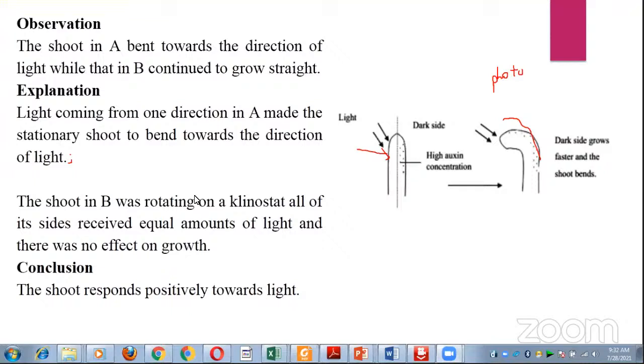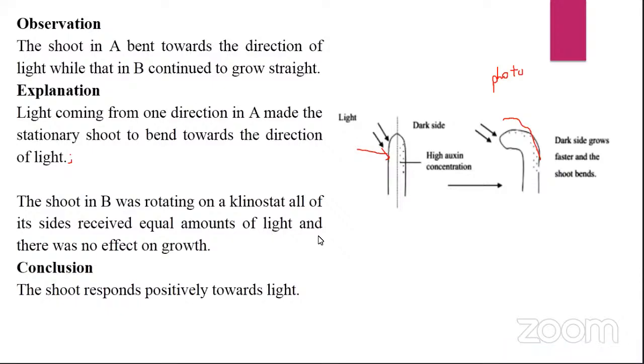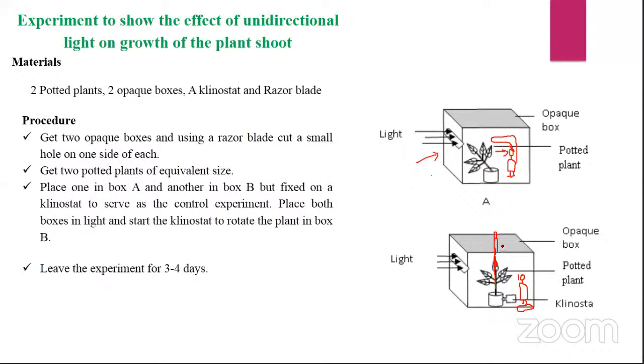Then for part B, you find that the clinostat was rotating and rotating and rotating. So all oxygens were uniformly distributed. That means the shoot in B was rotating on a clinostat.